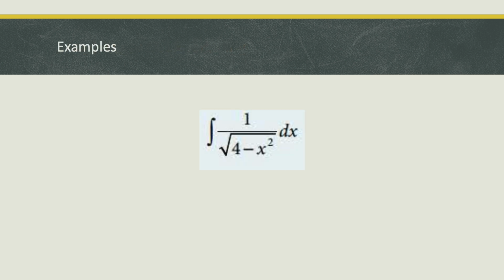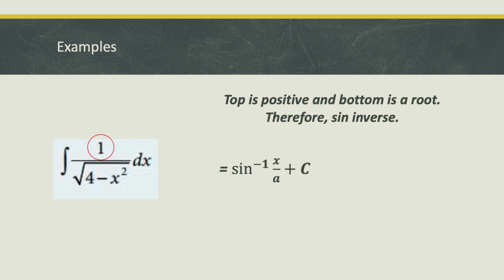So this is our first example, integrating 1 over root 4 minus x squared. The top is positive and the bottom is a root, therefore we can conclude this is sine inverse.